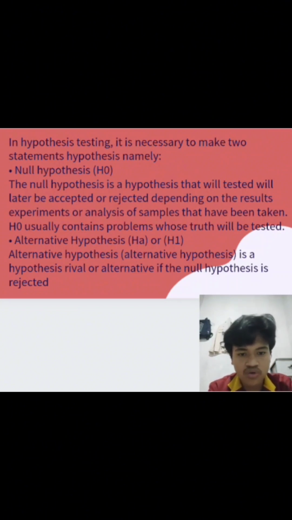It actually contains the problem which will be tested. Then the alternative hypothesis, Ha. The alternative hypothesis is a rival hypothesis if the null hypothesis is rejected.